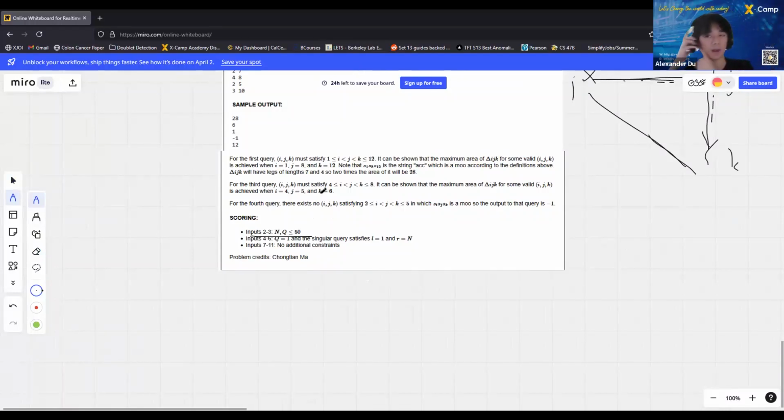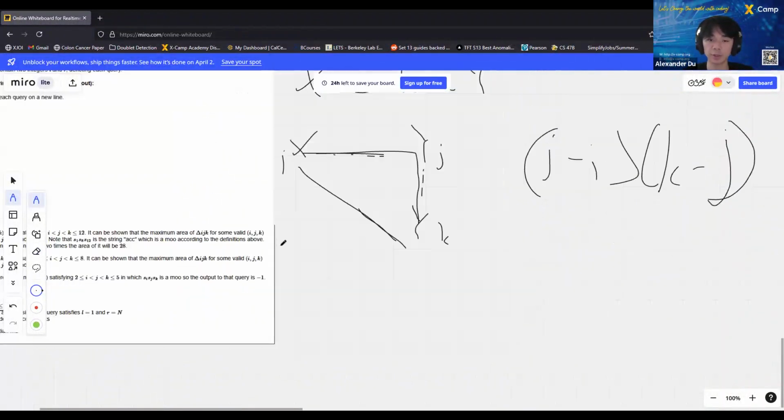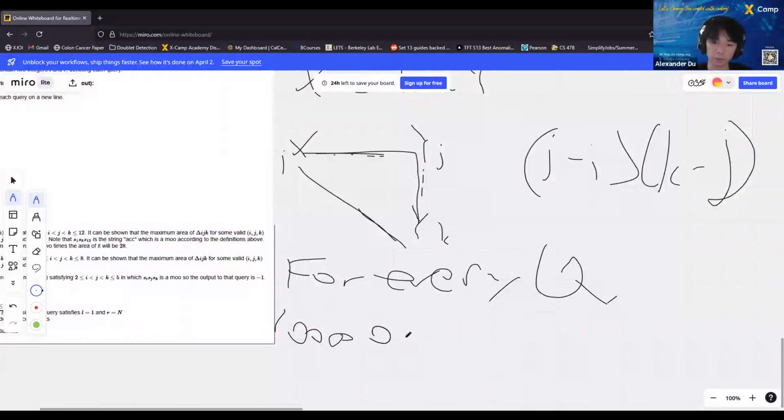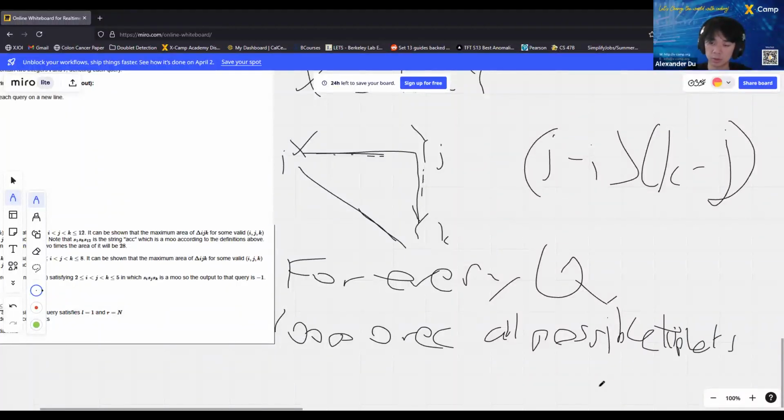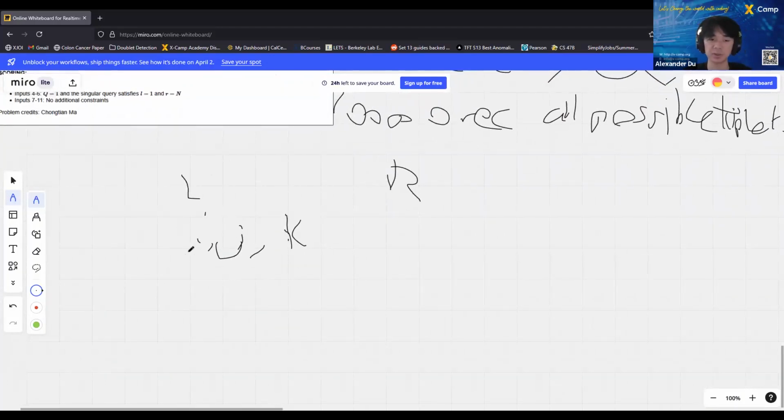I hope everyone can have an idea of how to do the most straightforward solution. I think it's just, for every single query, loop over all possible triplets. So we have an L and R, and we loop over i, j, k within it. Each one of these can theoretically have n values, so that's n cubed.